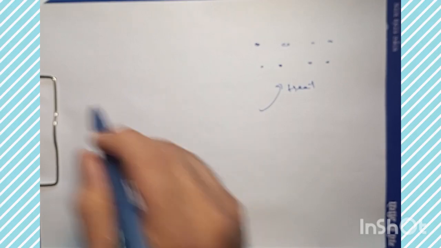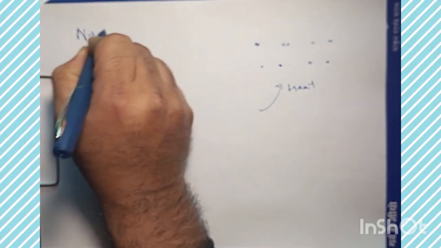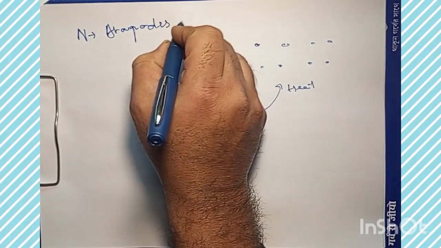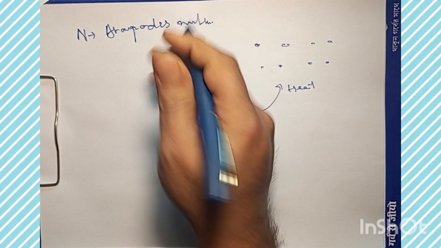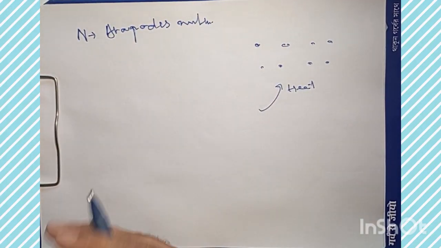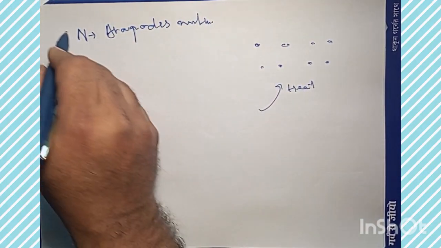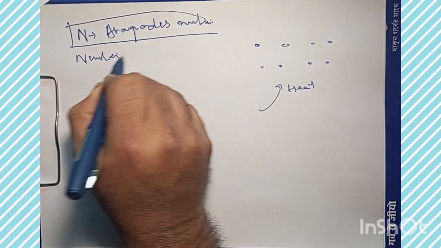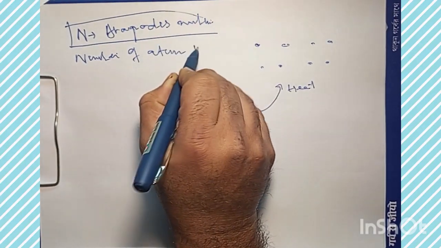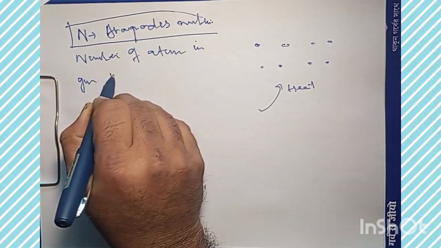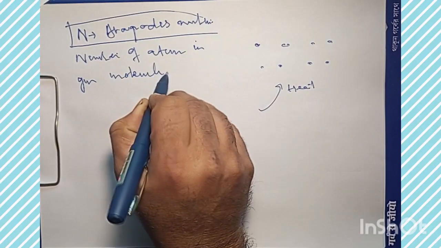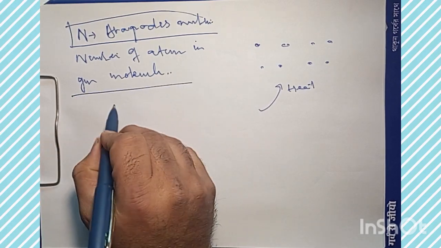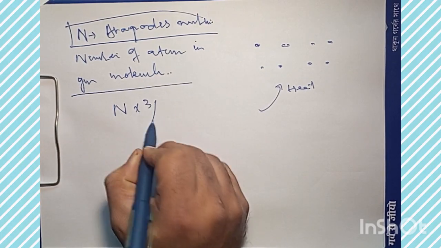And if we take N as Avogadro's number, as we know, this Avogadro's number will give us the number of atoms in a gram molecule, in 1 gram of a molecule. Then we can think of multiplying this number with 3 by 2 kT.